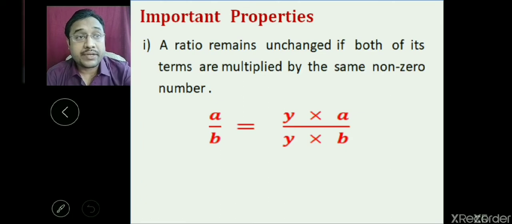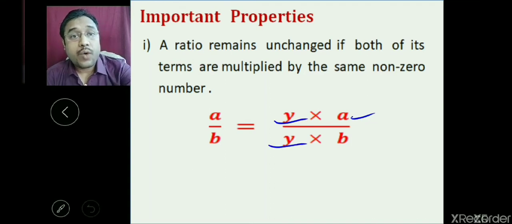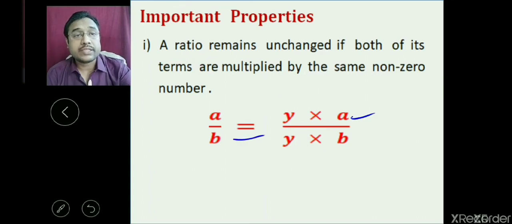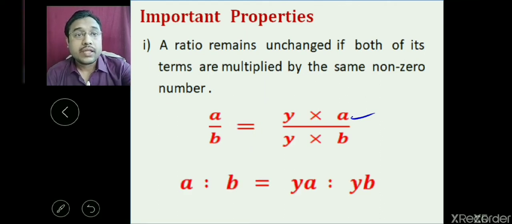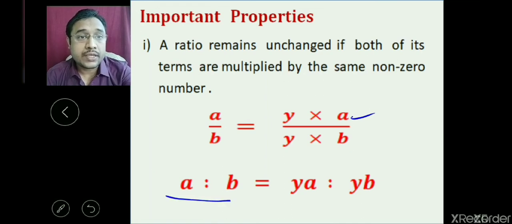That means I have multiplied the first term with y and the second term also with y. Then the ratio is not changed, it is equal only. So we can say a is to b is equal to ya is to yb.